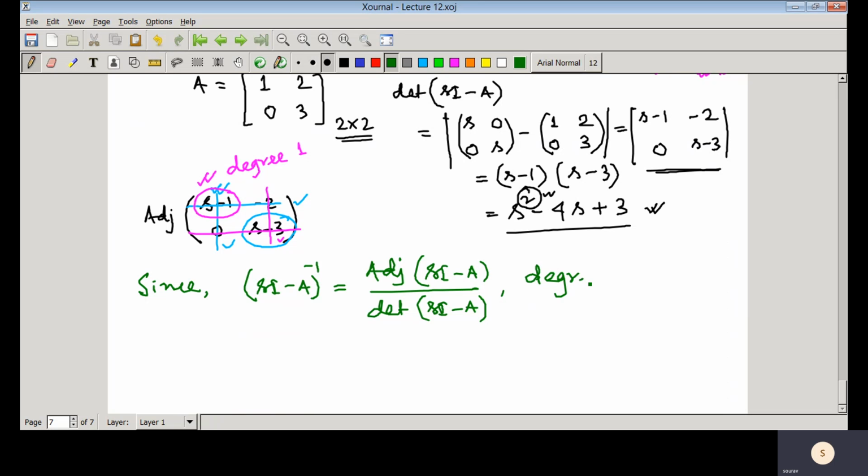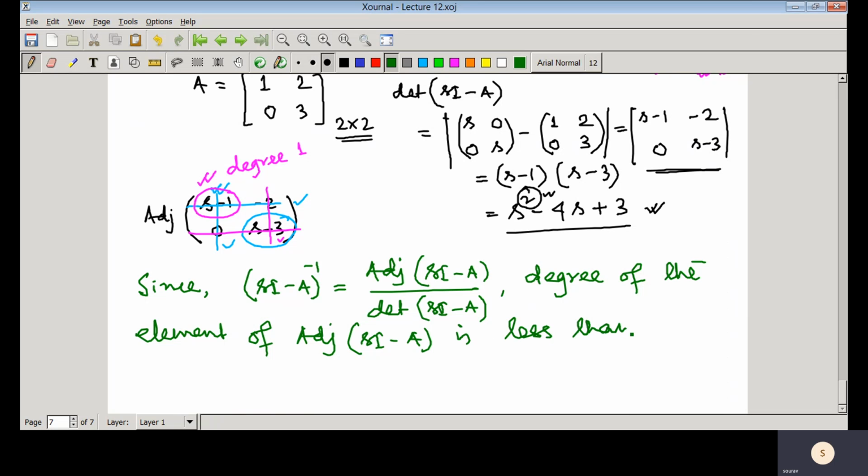The degree of the elements of the adjoint of (sI minus A) is less than the degree of the determinant of (sI minus A).